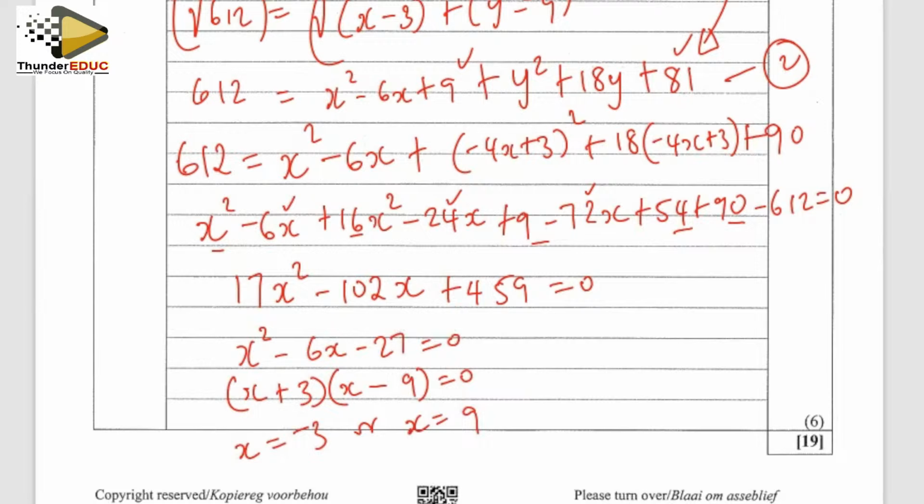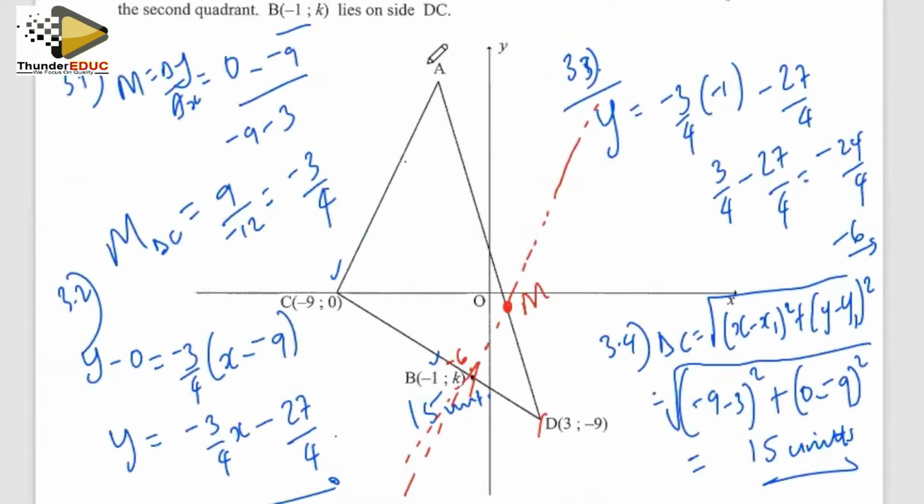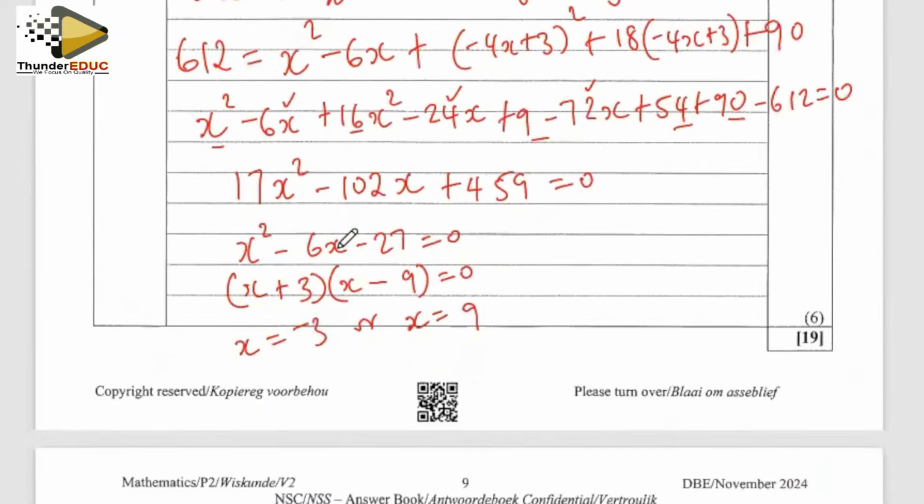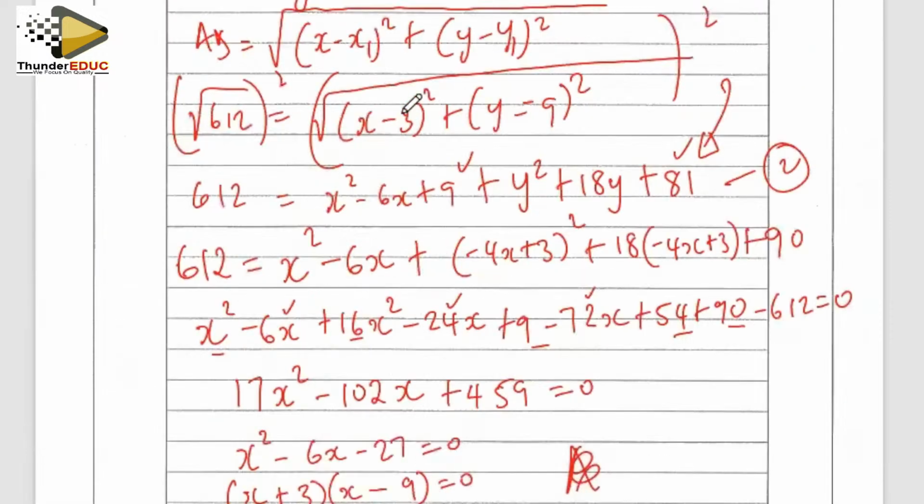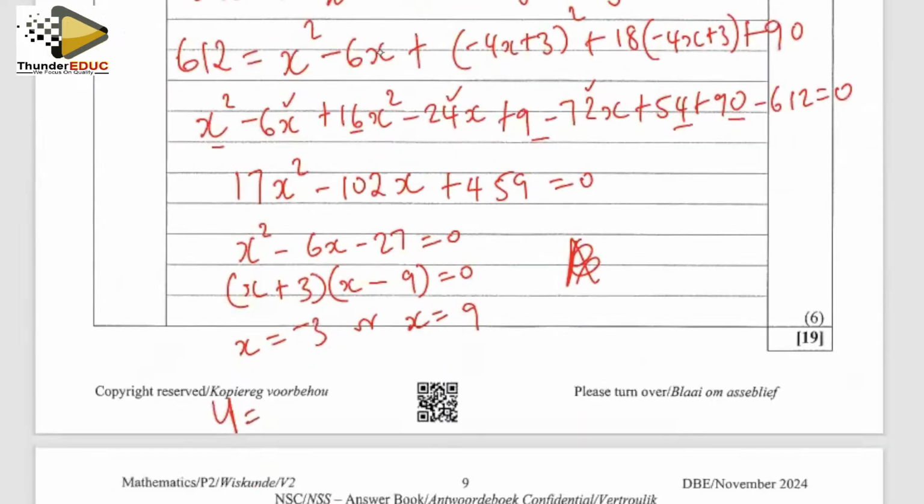But since A is in the second quadrant, which means the X is going to be -3. So which means the Y value, in this case, we substitute into that equation, Y equals -4X plus 3. So -4 times -3, plus 3, that is going to give us what?